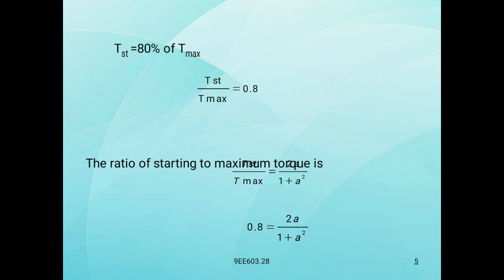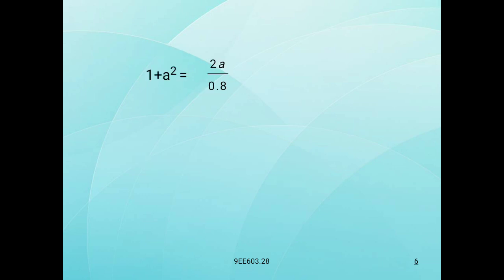So here TST by T maximum is 0.8, that is equal to 2A by 1 plus A square. Here 1 plus A square is equal to 2A by 0.8.